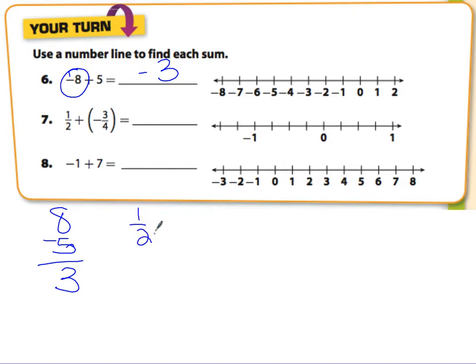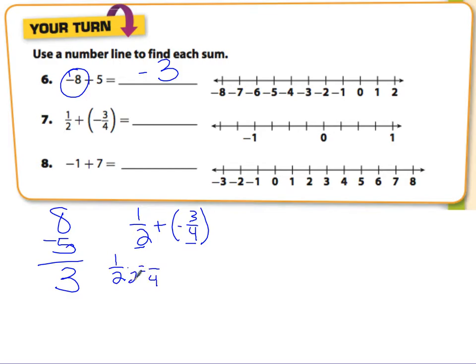1/2 plus negative 3/4. In this case, my denominators are not the same, so I have to make them the same. So between 2 and 4, the least common denominator, I know that 2 can multiply to get to 4, so I'm going to change 1/2 to equal something over 4.